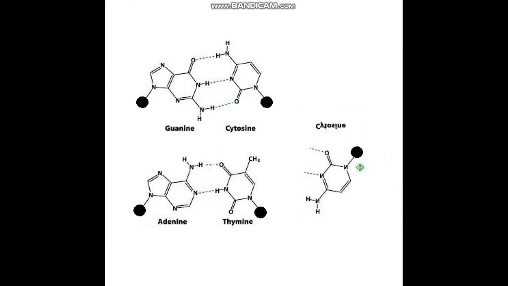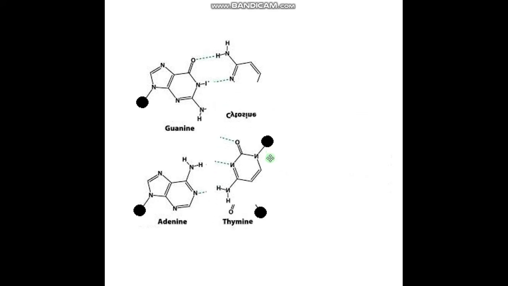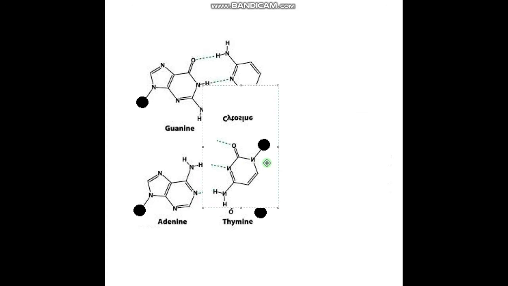So here we have a cytosine which is coming in from the opposite angle, and you can see that if you do that, you can now form a pair of hydrogen bonds across here and here. So again, more possibilities, but dependent on changing the points of attachment to the backbone.